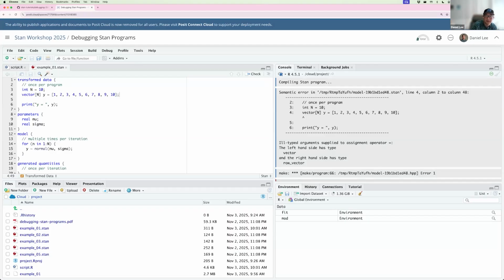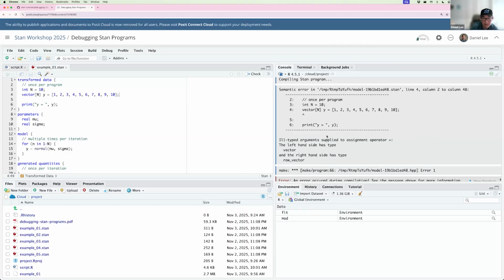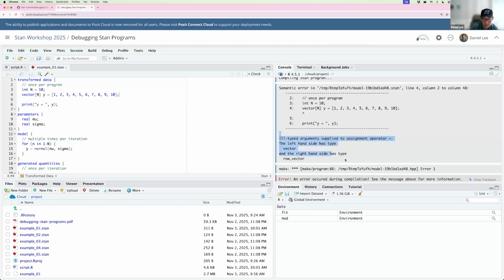All right, I'll just walk through this. There's a difference in Stan between compilation errors and runtime errors. We won't work too much on compilation errors. Presumably if you start writing Stan, you'll get comfortable with these. But I will show you how to read this little block here. Yep, there's a type mismatch.